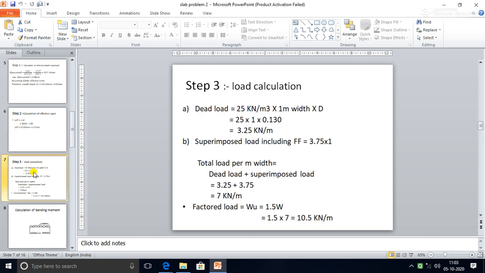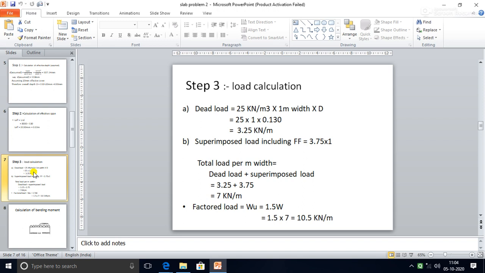Then load calculation. First load is dead load, and this dead load, or weight of the slab, is 25 kilonewton per meter cube. For 1 meter width of the slab we have to consider, and D is the overall depth, that is 0.130 meter, width 1 meter and 25 kilonewton, that is 3.25 kilonewton per meter. Then superimposed load, that is the addition of floor finish and live load, is given as 3.75 kilonewton per meter square into 1, that is 1 meter width we have considered, so the load is 3.75 kilonewton per meter.